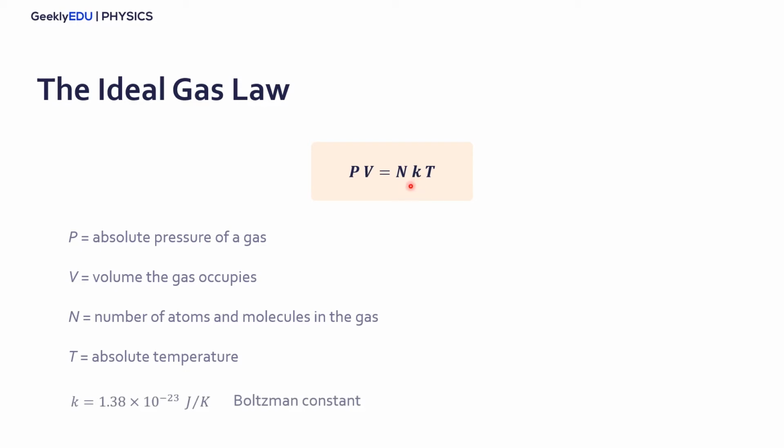This letter K here is a constant that we call the Boltzmann constant for the ideal gas, okay? So see that the pressure of a gas depends on the volume, number of atoms, and temperature. Okay, these are the variables we have only.